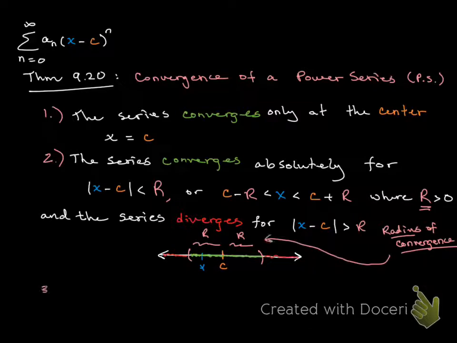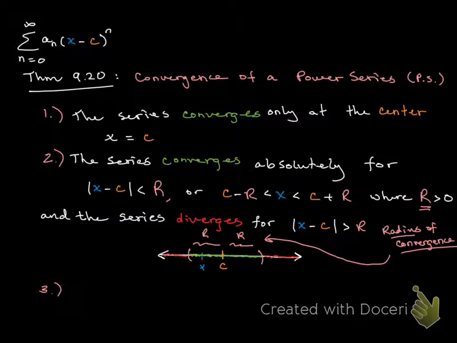And we diverge everywhere else, okay? I think this is a helpful thing to see visually what's going on. We'll do some examples where I use actual numbers for c and r, so we'll have a center and some actual radius that we can work with. But in general, this is the most common possibility, where our power series is only converging in some small window around the center.